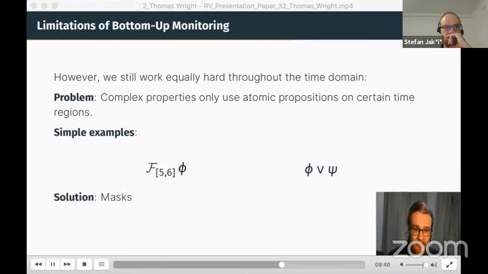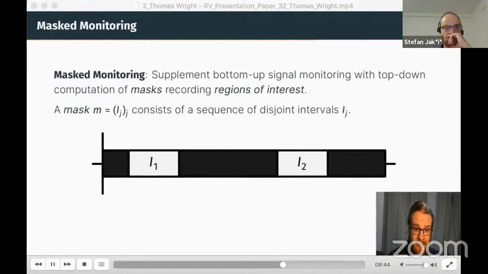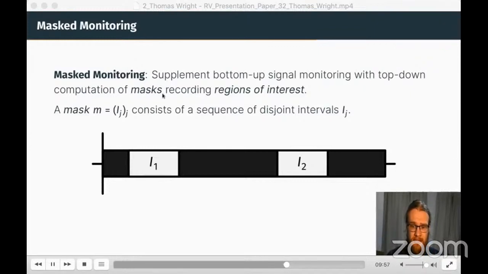Our solution to this problem generalizes this reasoning and is called masks. So the aim of mask monitoring is to supplement this existing bottom-up monitoring procedure with top-down computation of masks, which record regions of interest for a given property. A mask consists of a sequence of disjoint intervals and in fact represents a Boolean signal for the region on which we want to know a given property.